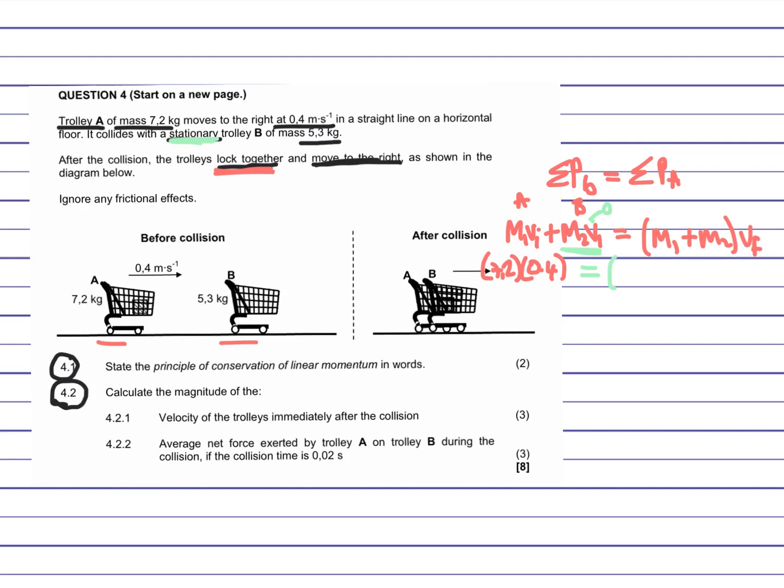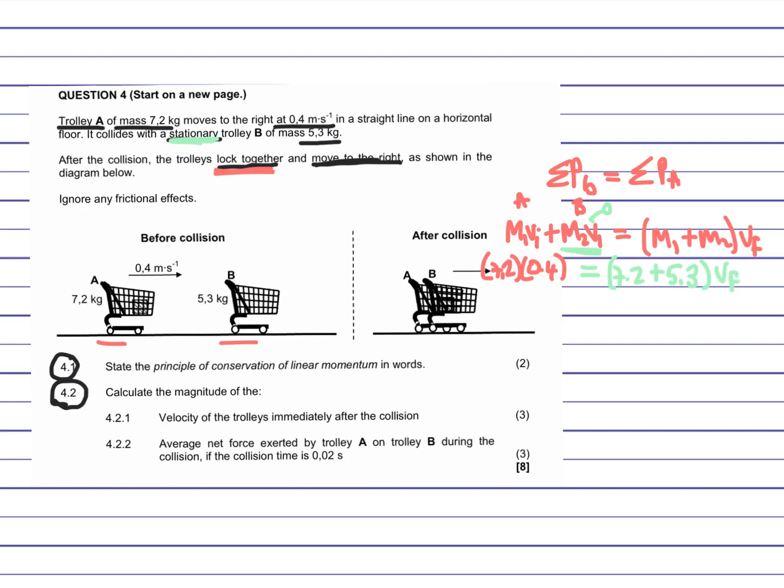Then we go to the other side. The mass for trolley A is 7.2 plus the mass for trolley B, which is 5.3, times V final.